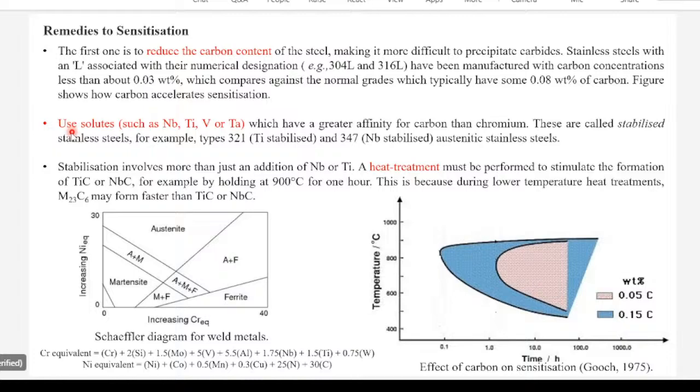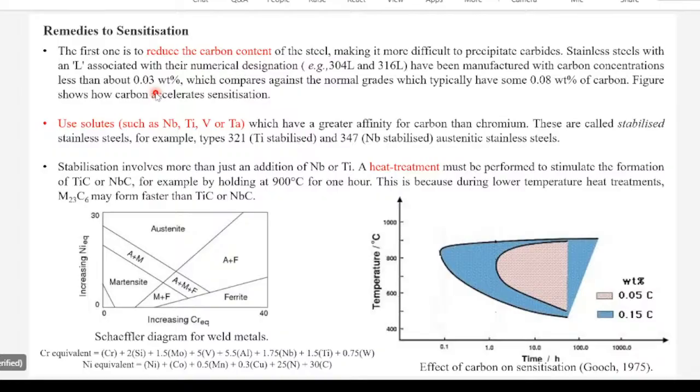Other factors: we can use solutes such as niobium, titanium, vanadium, and tantalum. Why we are using these is, chromium and carbon affinity is very high, so we have to replace that with a solute which has a greater affinity for carbon than chromium.